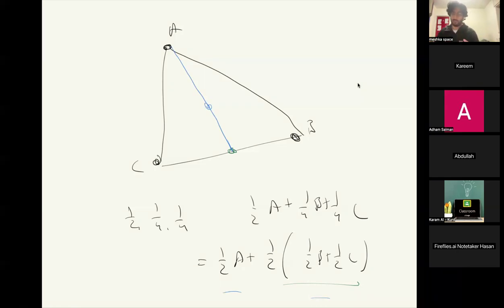Yeah, I see. So anytime I have any number of points, maybe here's a lemma. You can sort of prove it.